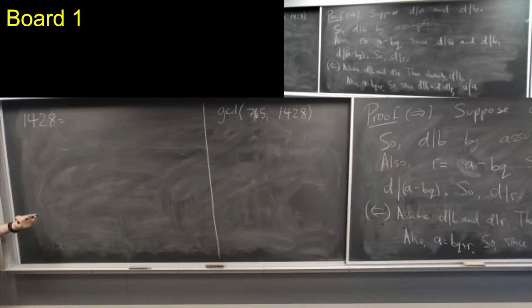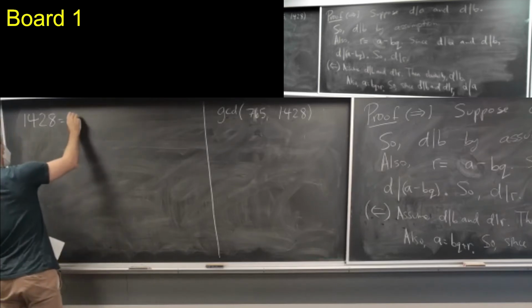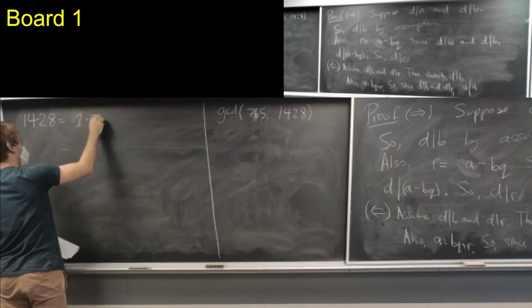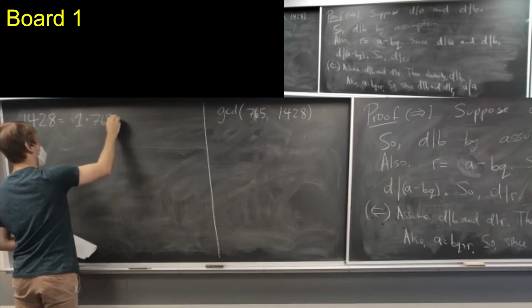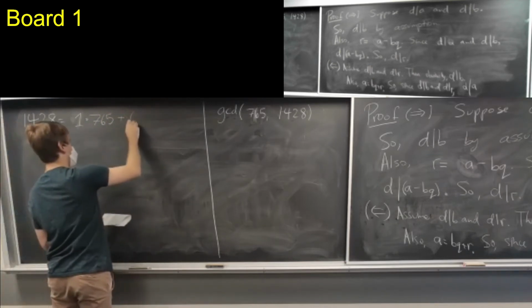You might need a calculator for this, so in the future, you might need to bring a calculator for these sorts of things. But if you do the computation, you'll see that the quotient is 1 with a remainder of 663.